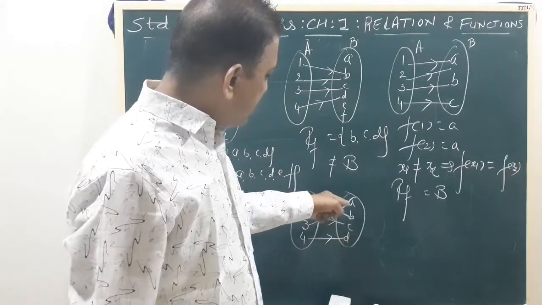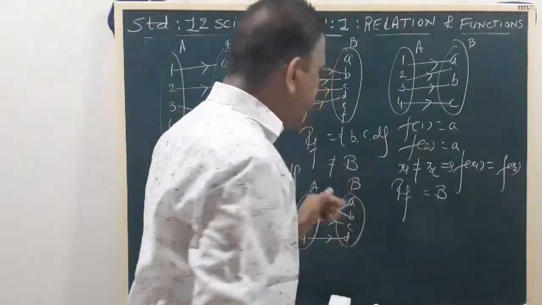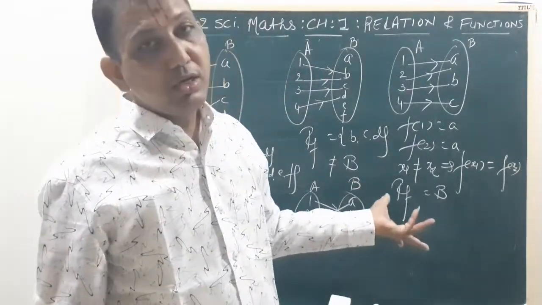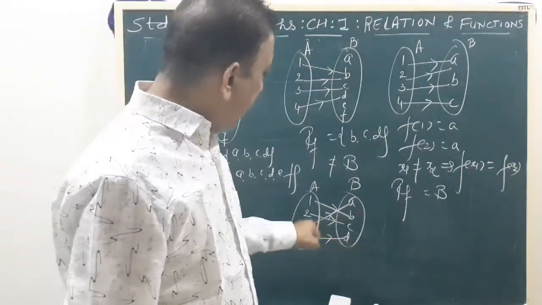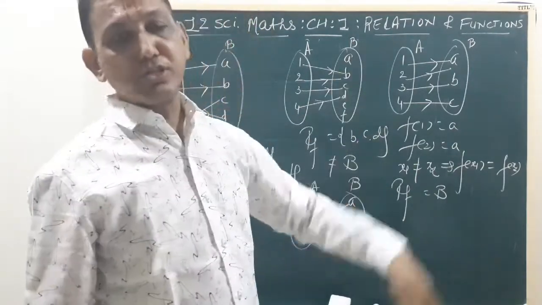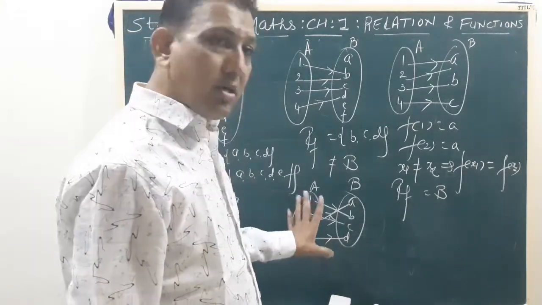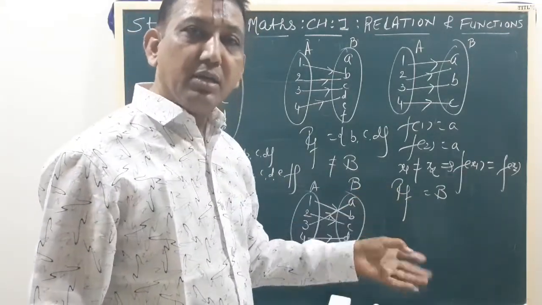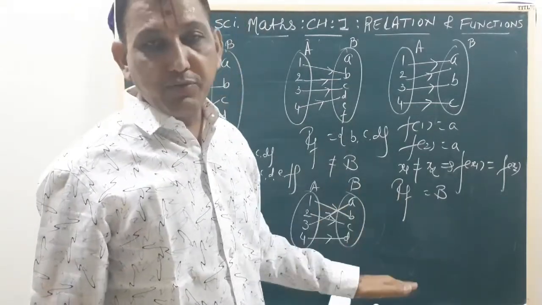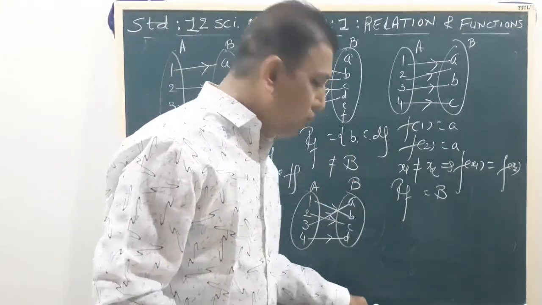And our range is A, B, C, D, and our codomain is also A, B, C, D. So codomain and range are equal, so it is called an onto function. So this last figure has both one-one and onto possible. Right? Clear? One-one, onto, many-one. In the next lecture we discuss inverse function and the formula for the total number of one-one and onto functions. Okay? Thank you very much.